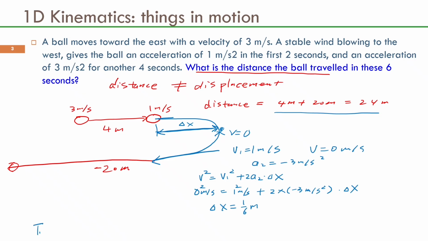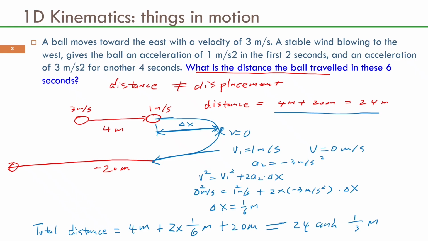So the total distance you should get is 4 meter, which is the distance traveled here, plus 2 times 1/6 meter, which is the distance traveled here, plus 20 meter. So your total distance would be 24 and a third meter.